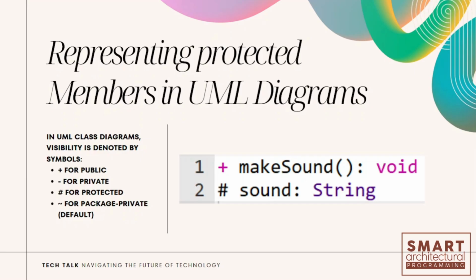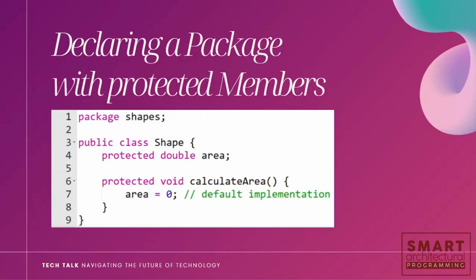So how do you declare a package with protected members? Let's create a simple package called shapes, as you can see on the screen, with a base class that has protected members, right? We have protected double area and protected void calculateArea, which is a protected method. So this area field and calculateArea method can now be accessed by any class in shapes or by subclasses elsewhere.